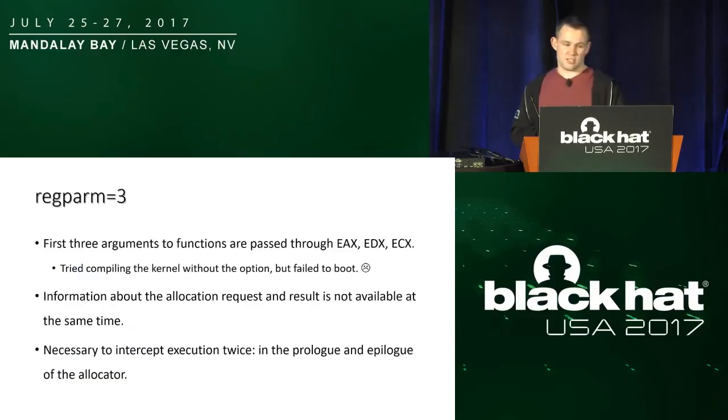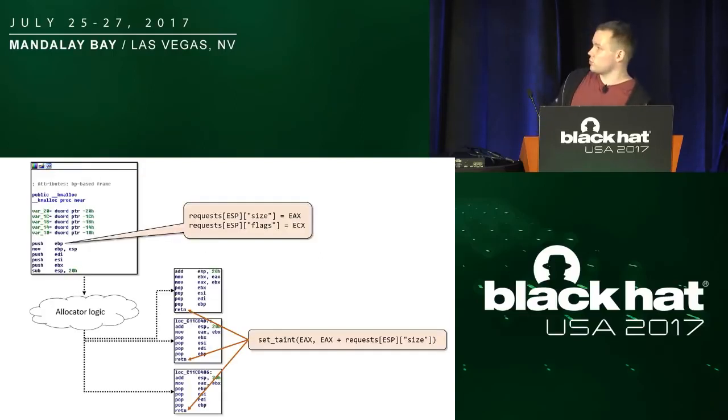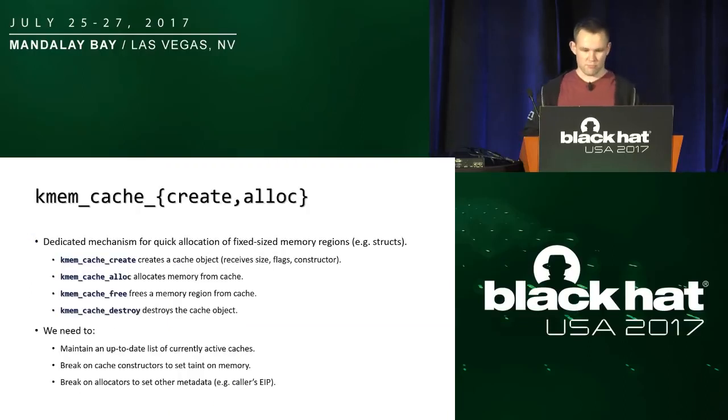We also have problems such as the fact that we have a different calling convention with arguments passed through registers and not the stack. So instead of just hooking into a single instruction, we actually have to hook into both the prologue of the function in order to save information about the allocation request, and then we have to hook into the return instruction in order to be able to read the address that was being allocated, and then we can set the taint.